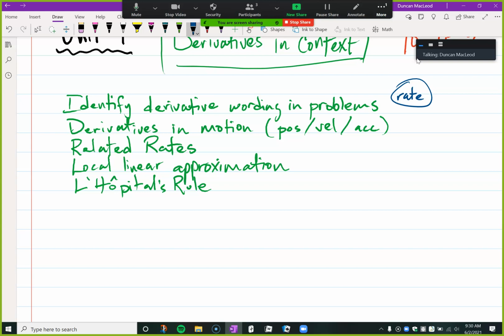Otherwise, the only other wording that you might see would be like 5 miles per hour. So this wording is for a rate, even though it might not use the word rate. But if you see something that says per, that is a derivative already.